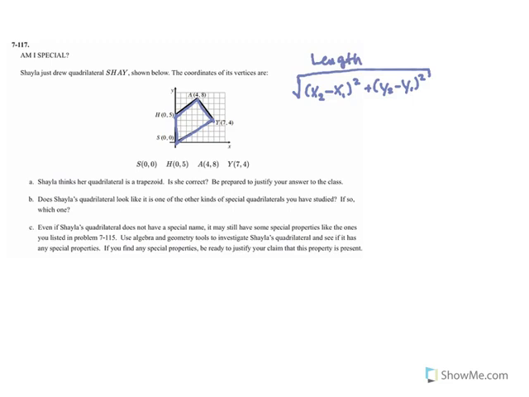So that's going to be the length. And I want you to find the slope of all of these sides. So please take a second and pause this and find all of those things. Once you press play again, I'm going to have the answers up, but you need to know how to get there. So please make sure you're doing this.